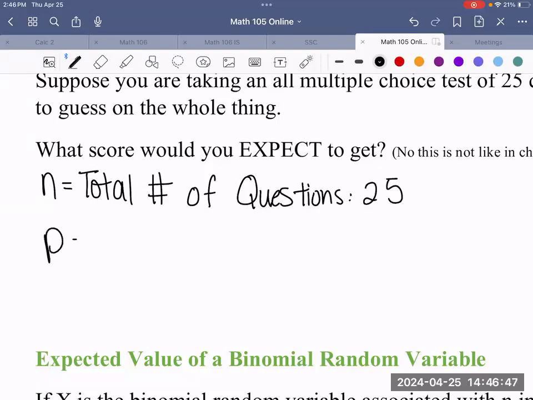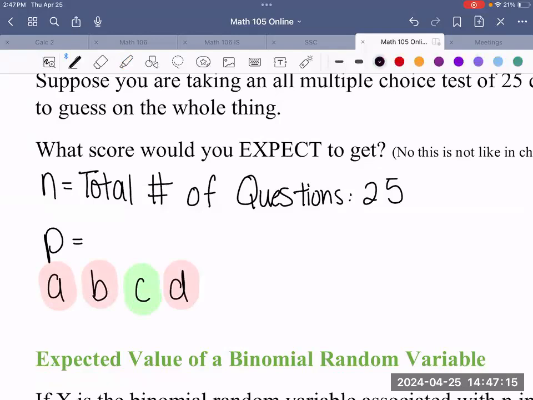And what is your probability of success? Well, it's a multiple choice with 4 possible outcomes. There's only one way to succeed. The remaining are failures. So let's say C is your success, the right answer, and D, or anything else, is the wrong answer.